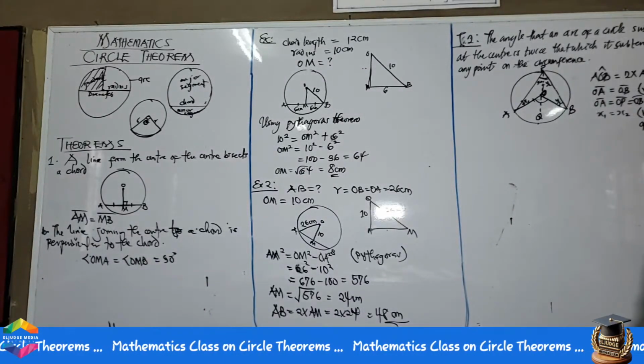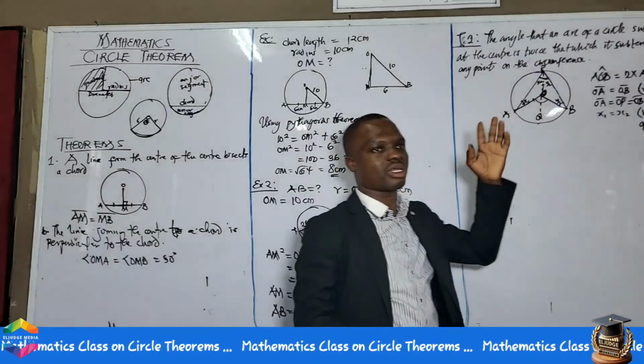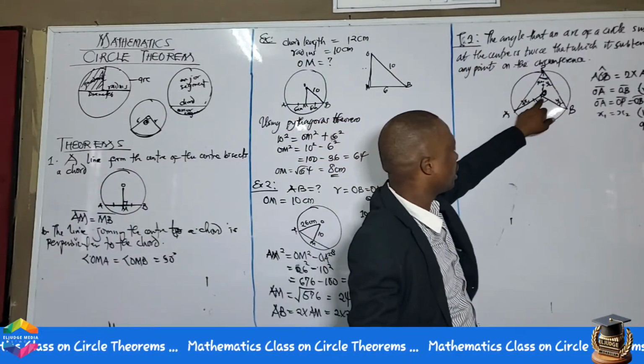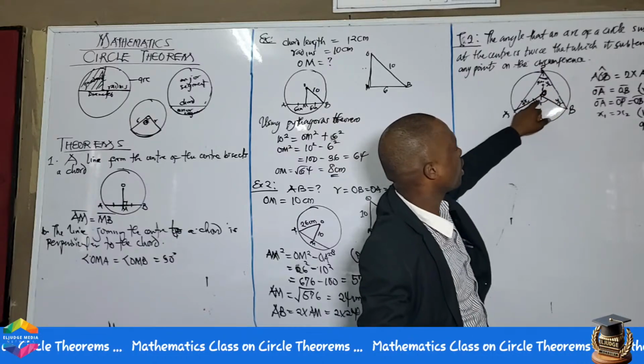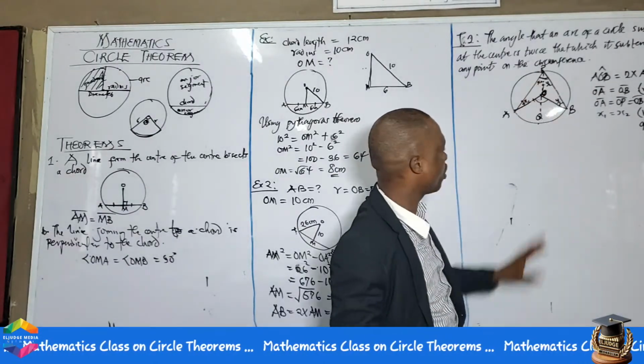If you have noted that, there is a theorem in triangles that we need to know: the exterior angle of a triangle equals the sum of the two opposite interior angles.